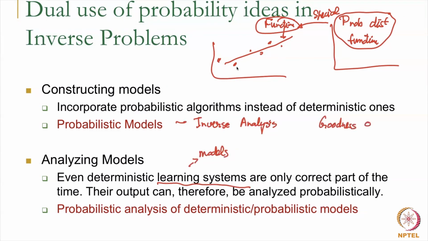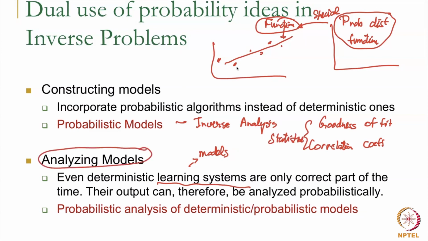We will see something else called correlation coefficient later on this week. So all these ideas are statistical ideas. So they are useful in analyzing models. So even when we come to machine learning, we'll see that to analyze, to tell you how good our model is, we still need a probabilistic idea. So that some other model could have fit this data, even if it's a deterministic model.